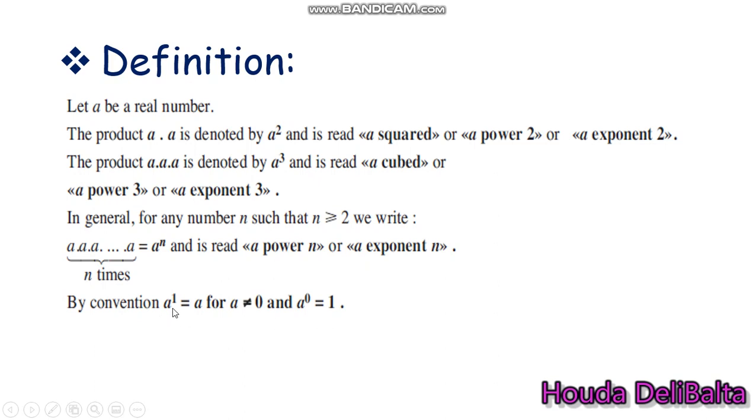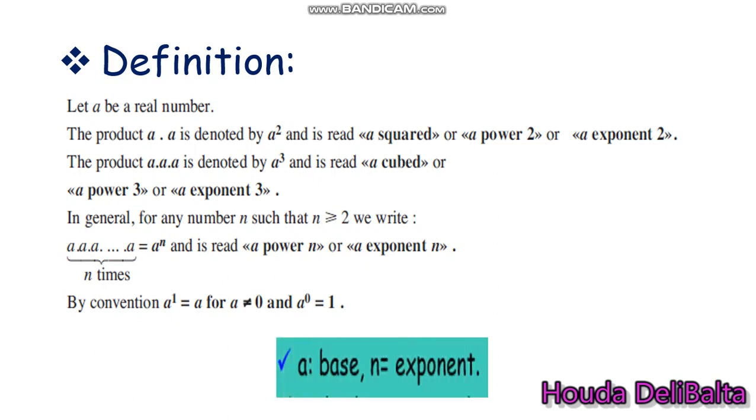So any number power 1 is kept as itself, and any number that's not 0, power 0 is equal to 1. That's a convention. So to sum up, we say that this real number here is called the base, and this power here is called the exponent.